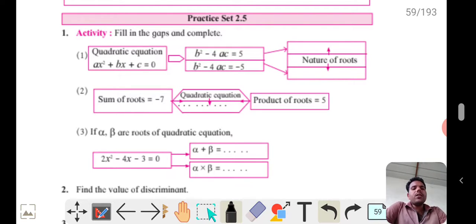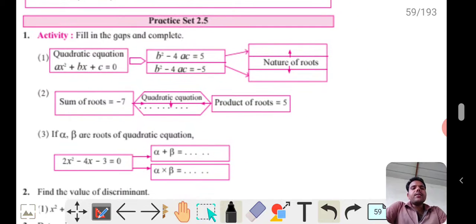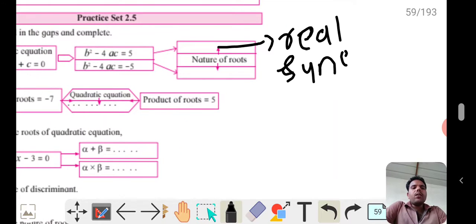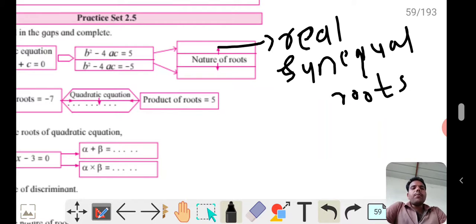So here we can write real and unequal roots. And from the second bracket we have b square minus 4ac is equal to minus 5.